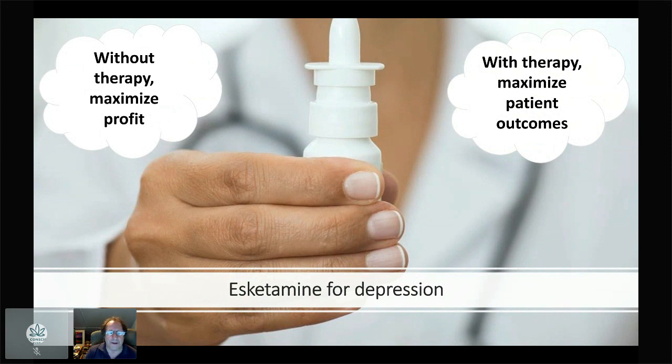But the problem for the pharmaceutical company when you combine it with therapy is people are going to spend more money for therapists and less on the esketamine. So they will make less money, but the other way, with therapy, maximizes patient outcomes. So I think that's one of the concerns about for-profit drug development, that they're not necessarily focused on maximizing patient outcomes. And we have the esketamine example as one of those examples.